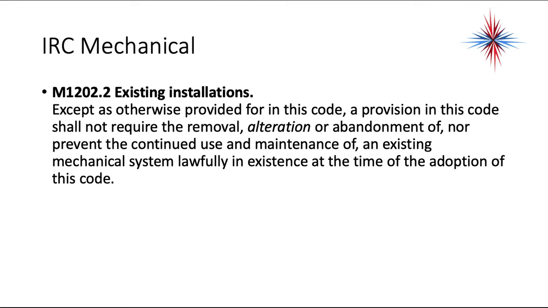Basically, what it's saying is there's no code requirement to replace an existing system if it is still working properly and safely. So mechanical contractors, air conditioning contractors cannot say to a customer, oh, your system's working fine, but we are required to remove it and replace it under the new code. There is no such requirement.